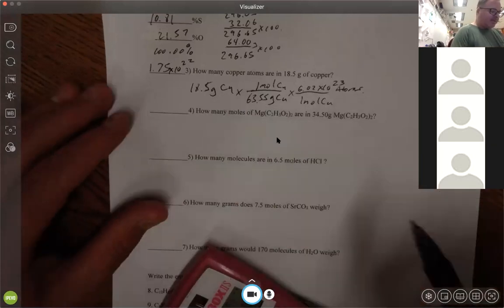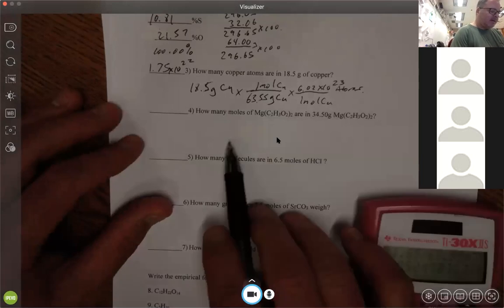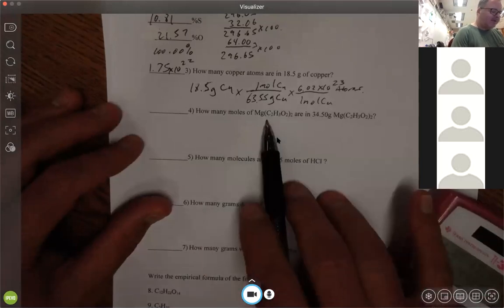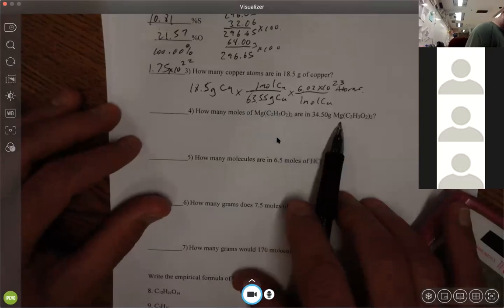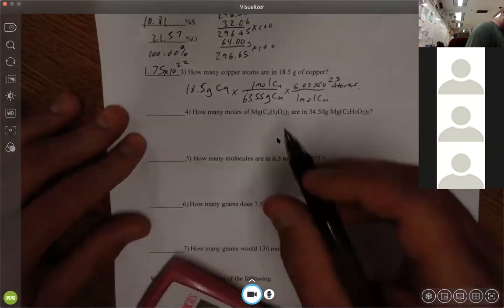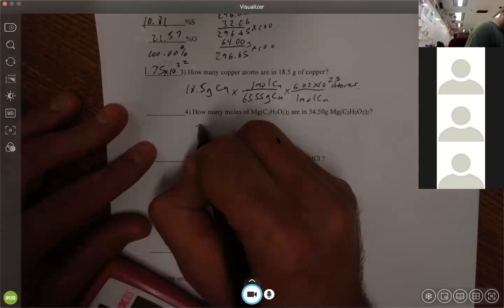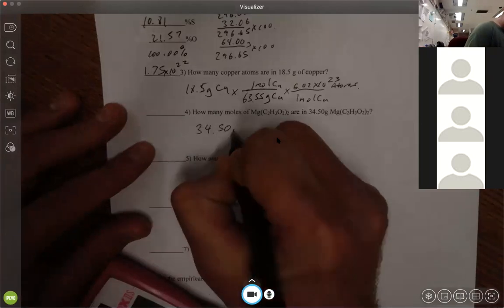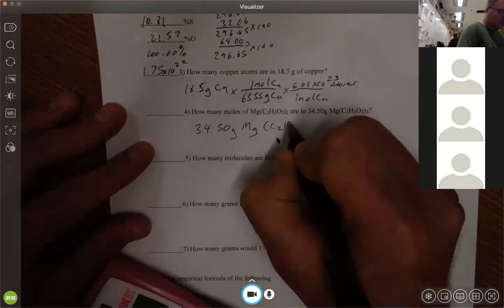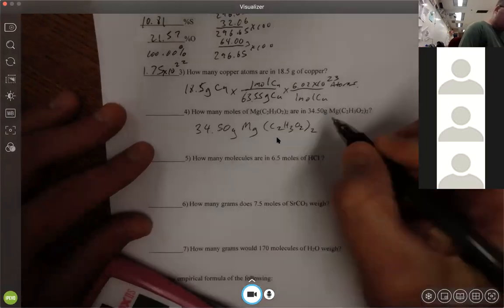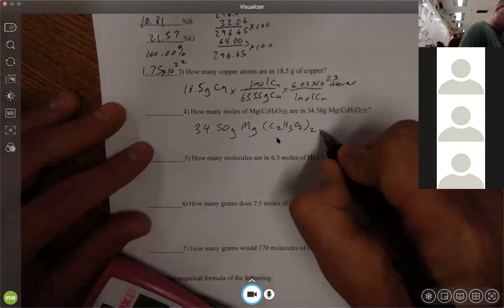How many moles of magnesium acetate are in 35.50 grams of magnesium acetate? So again, we start with what they give us, 35.50 grams of magnesium acetate. Every so many grams of magnesium acetate should go on bottom.